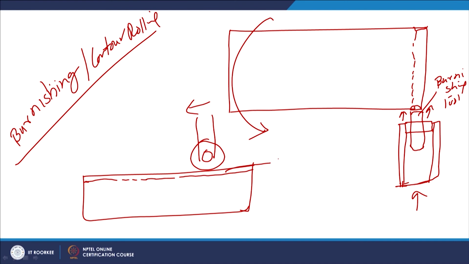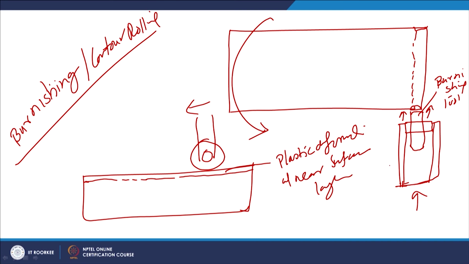Basically, the idea is to have plastic deformation of near surface layers with the help of this simple rounded tool, which causes surface layer deformation by applying localized stresses.